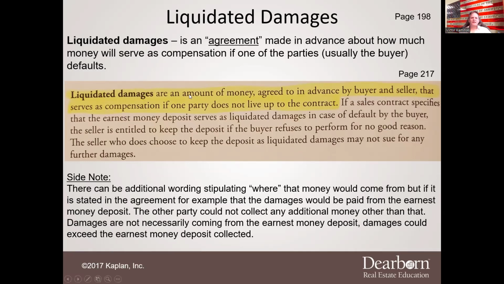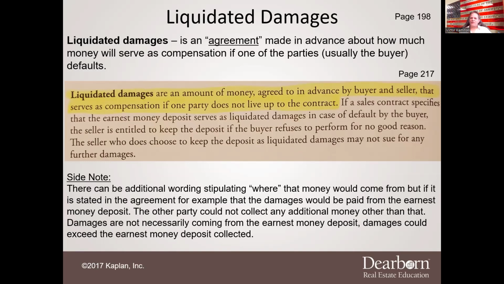So liquidated damages is an agreement made in advance. It's just an agreement about how much money will serve as compensation in the event that the party who breached the contract, usually the buyer, defaults.